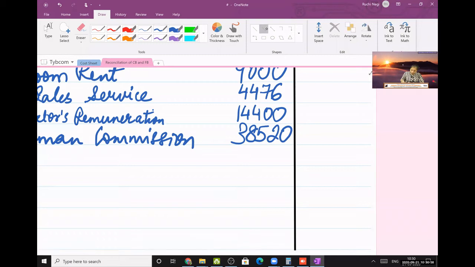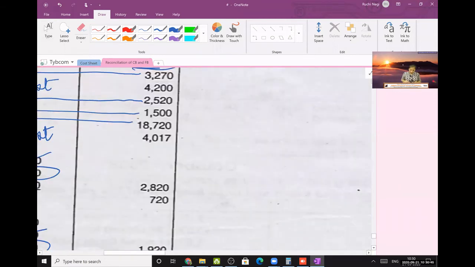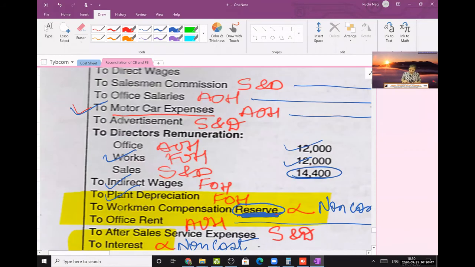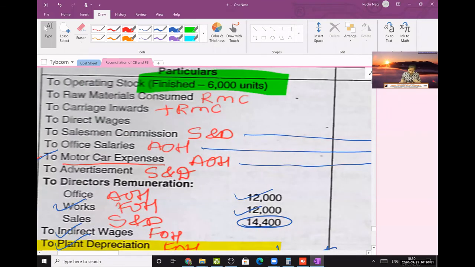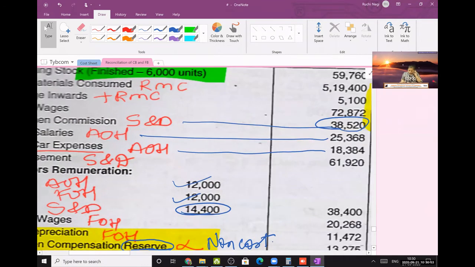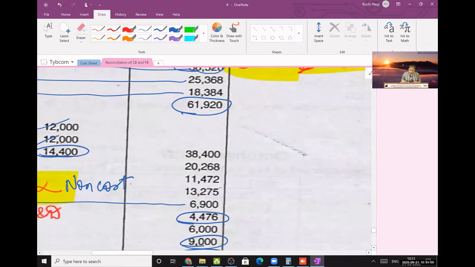Take it in the outer column. Advertisement, I have not taken that, 61,920. Advertisement 61,920.